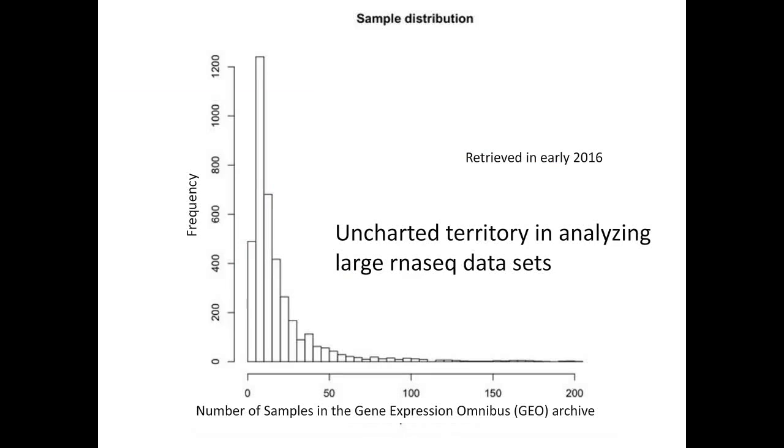So if we look at Gene Expression Omnibus on the internet, we can download quite a few data sets of RNA-seq data. However, here we have a histogram where the y-axis is the frequency, the number of samples. We're presenting the number of samples in each data set from GEO.